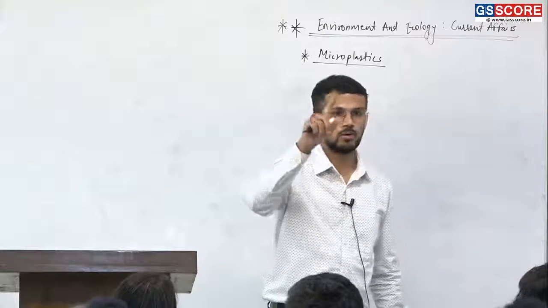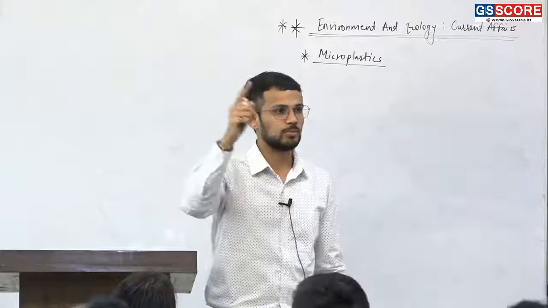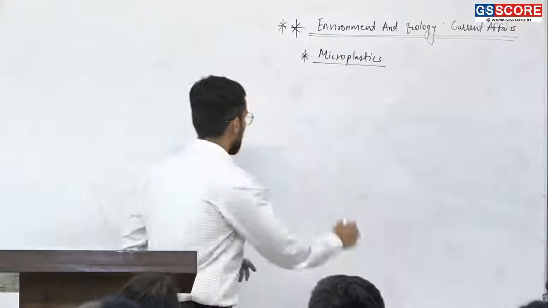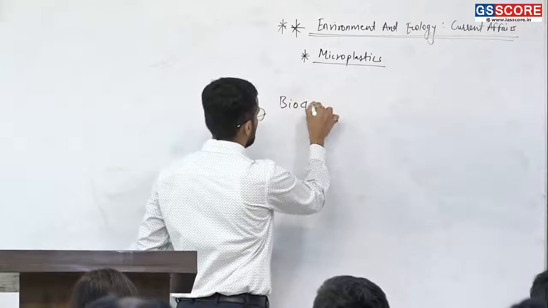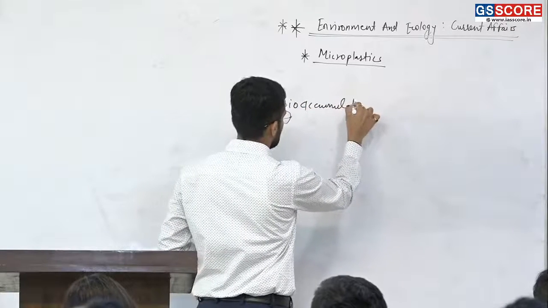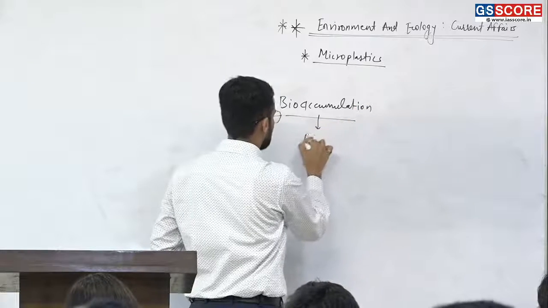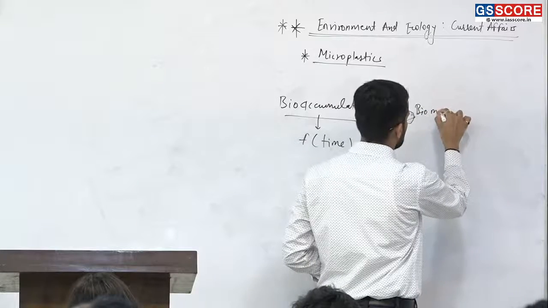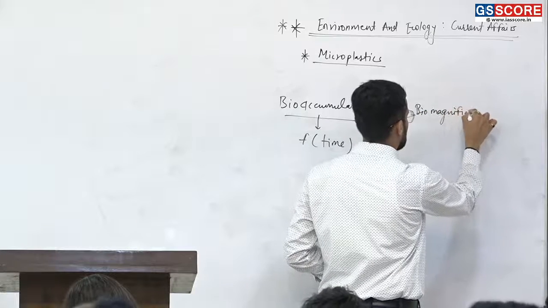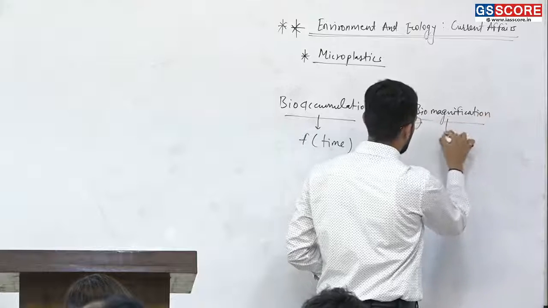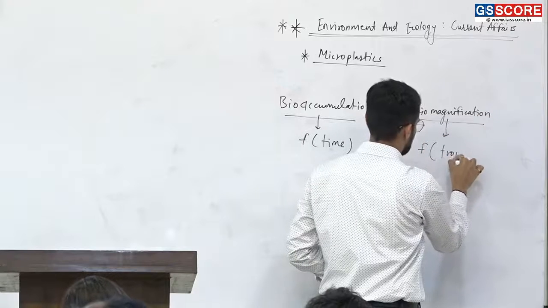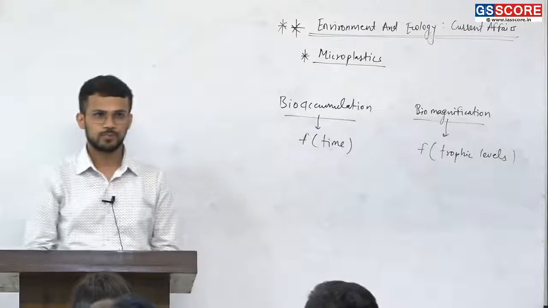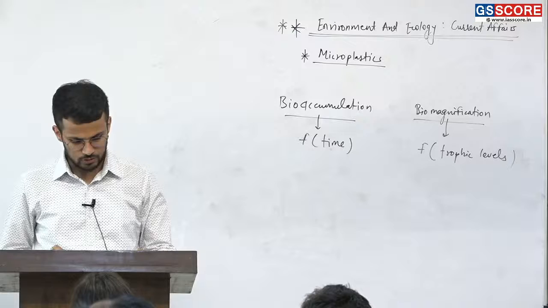When it is transferred from fishes to other fishes, it will be biomagnification. Bioaccumulation is a function of time, and biomagnification is a function of trophic levels. So that is the threat associated with microplastics.